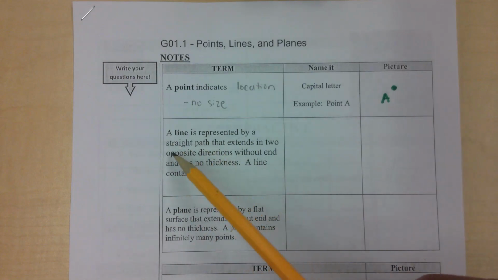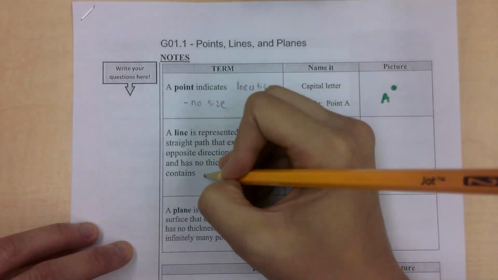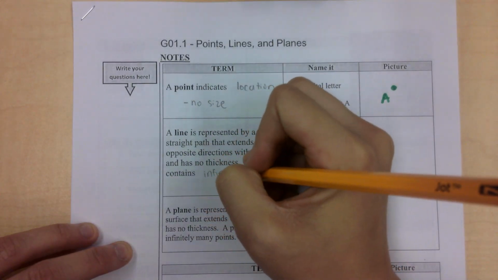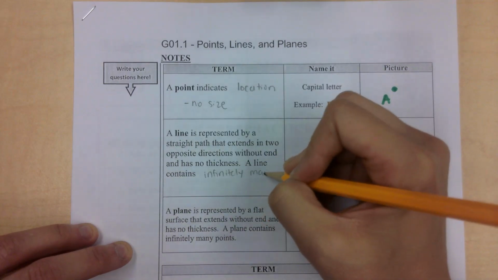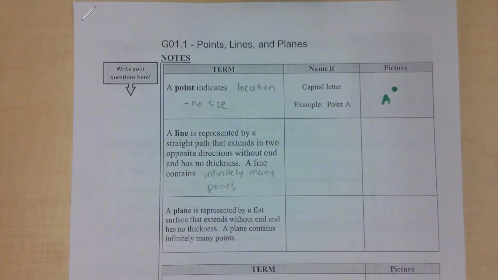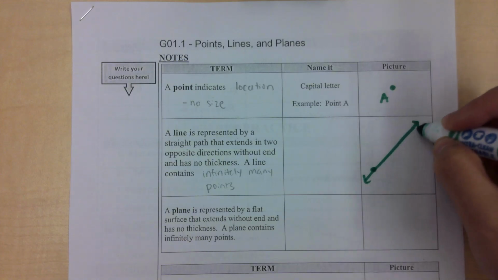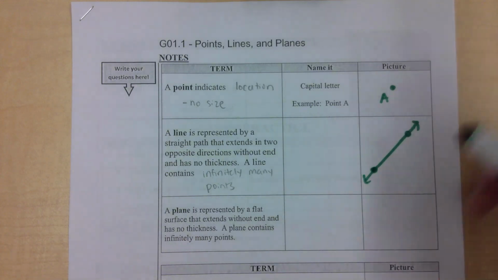A line is represented by a straight path that extends in two opposite directions without end and has no thickness. A line contains infinitely many points, right? So if I draw a line here, you could tell it's a line because it goes on forever.